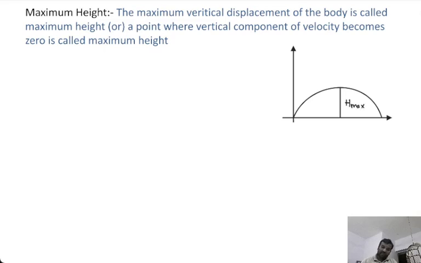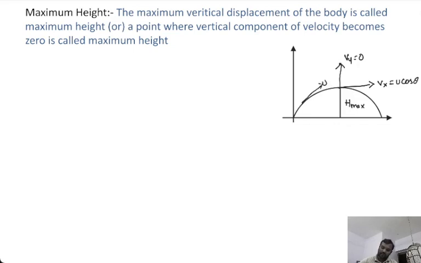Maximum height means what? The maximum vertical displacement of the body is called maximum height, or the point where the vertical component of velocity becomes zero. At the highest point only the vertical velocity becomes zero. So at this place, how much is Vy? Zero. But at this place, Vx is u cos theta. Horizontal velocity does not change.